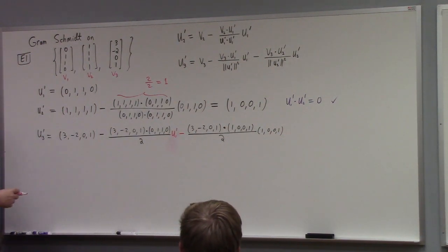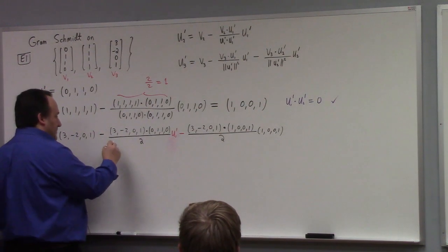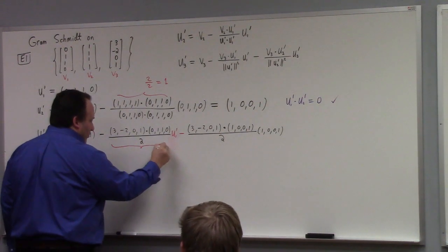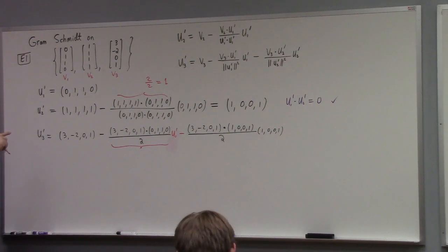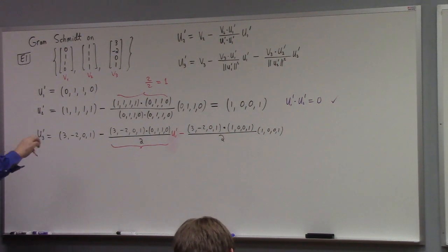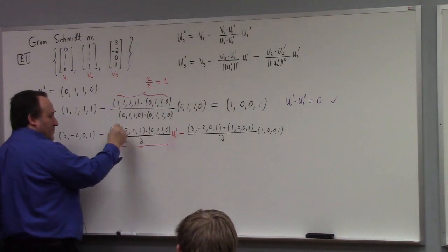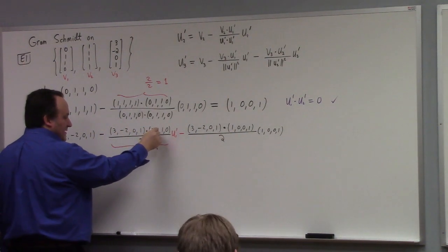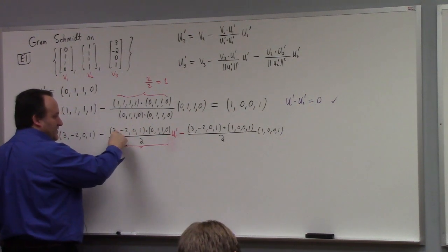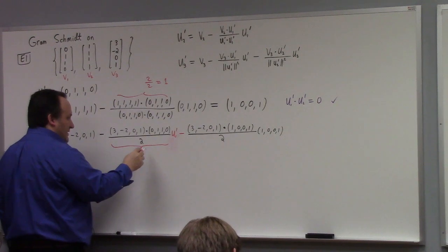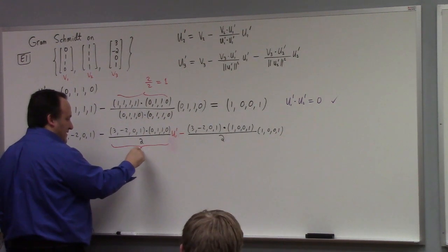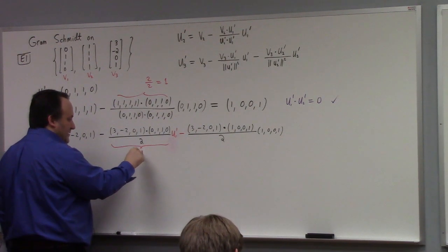Okay, so what is that? This right here, man, that is the 3, so 3 times 0 minus 2 times 1 plus 0 times 1 plus 1 times 0. So we get a net of minus 2, which is 2 over 2. I believe that this works out to altogether, including the minus, a 1.